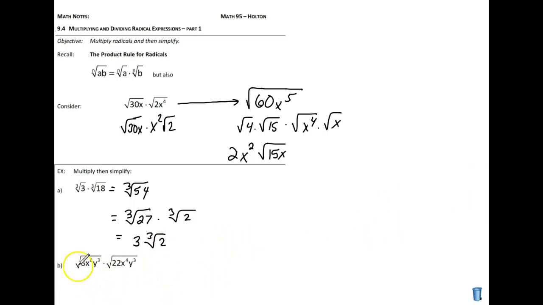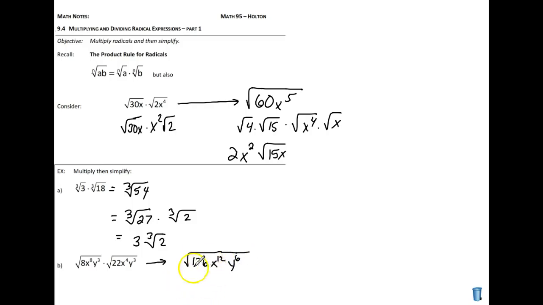If I have here the square root of 8x to the 8th y to the 3rd times the square root of 22x to the 4th y to the 3rd. First things first, think about this as one radical, so it's going to give me square root of 176, and I'm going to have x to the 12th and y to the 6th.